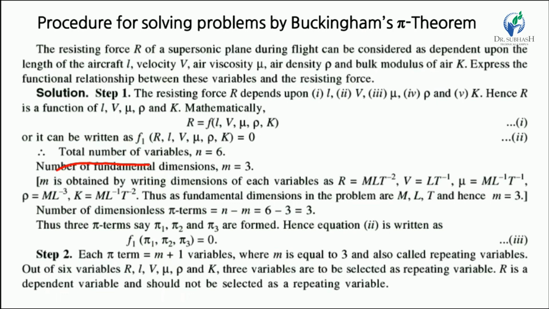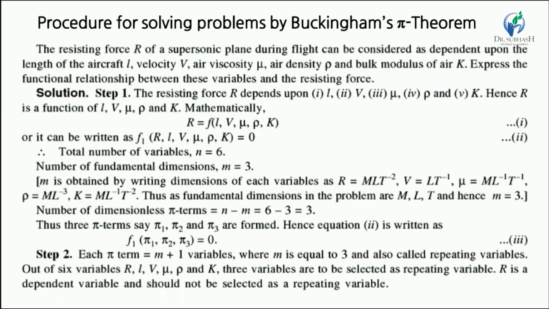Now, the total number of variables is 6, so n, the number of variables, is 6. And the fundamental dimensions are M, L, T, so the number of fundamental dimensions, denoted by m, is 3.